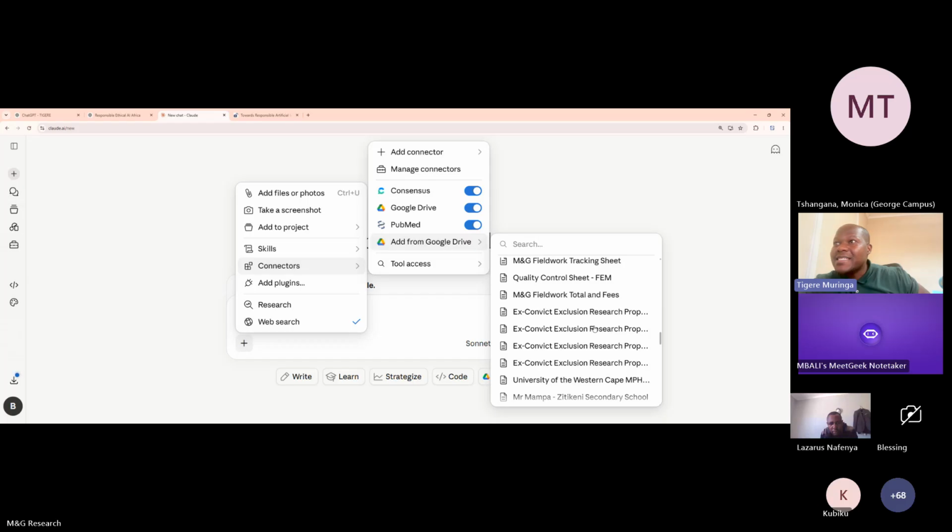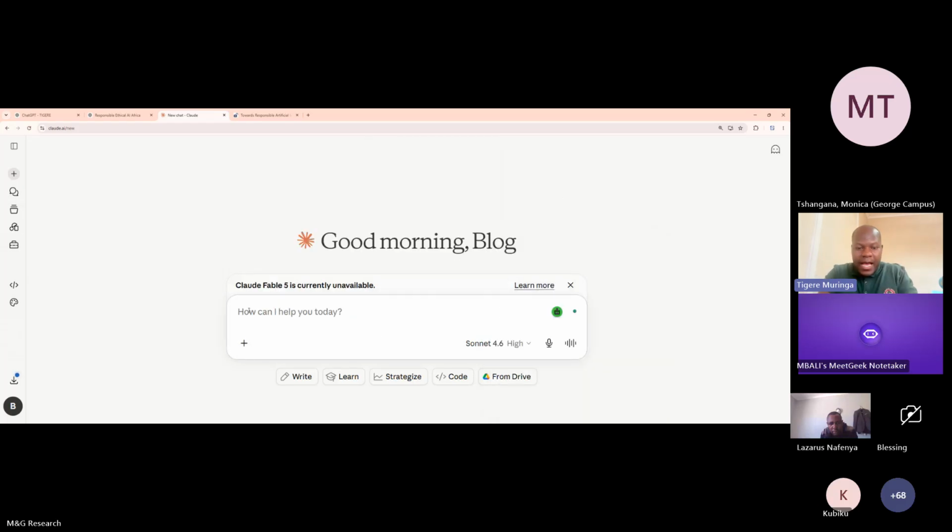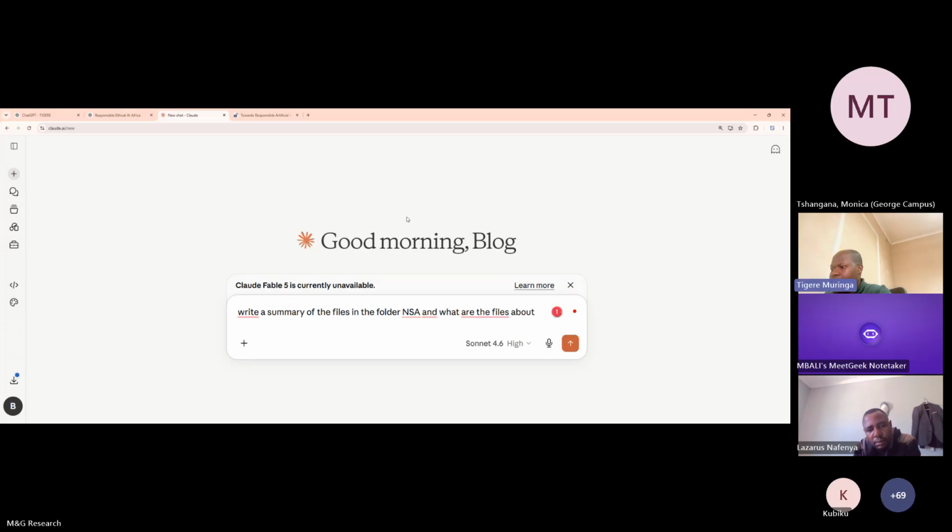So I'm going to say to this platform, write a summary of the files in the folder, I'm trying to think, NSA, and what are the files about, in my drive, in my Google Drive.